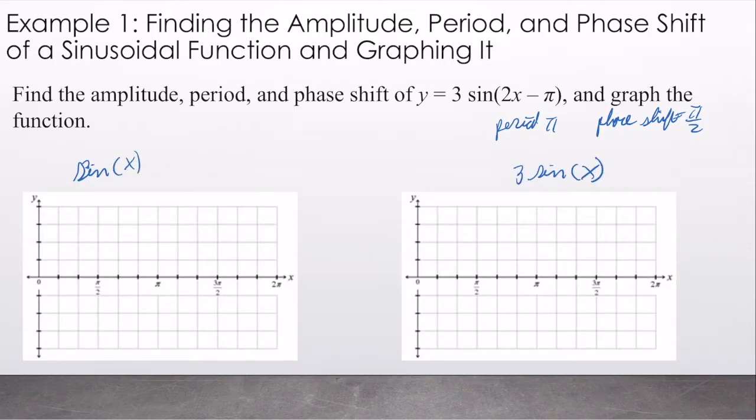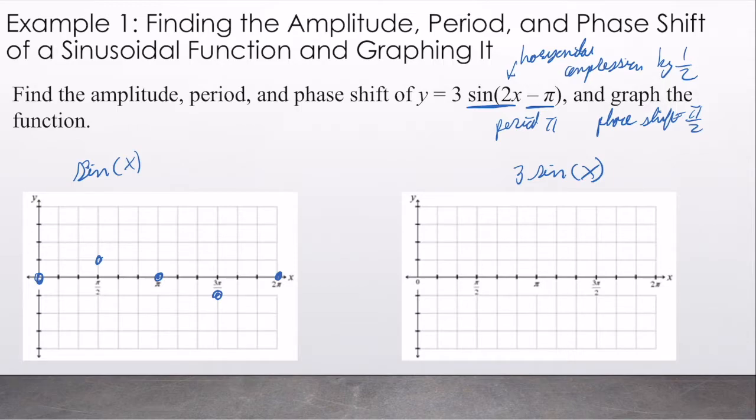Then on the next slide, we're going to graph 3 sine of 2x, and then shift it by minus pi. Remember that the 2x is our horizontal compression by 1/2. Okay, so sine of 0 is 0, sine of pi over 2 is 1, sine of pi is 0, sine of 3 pi over 2 is -1, sine of 2 pi is 0.